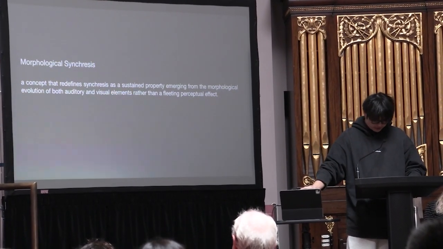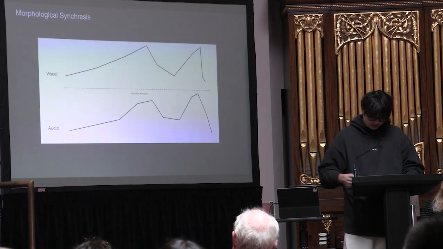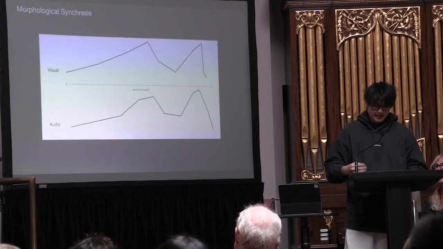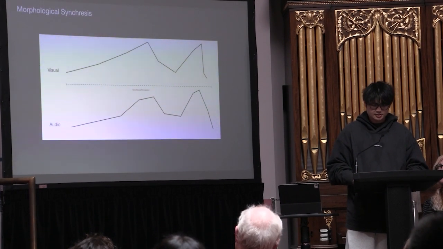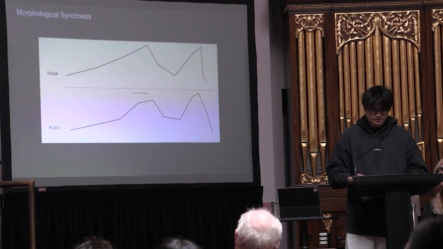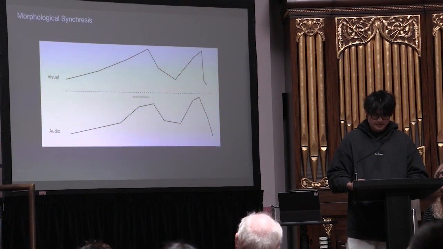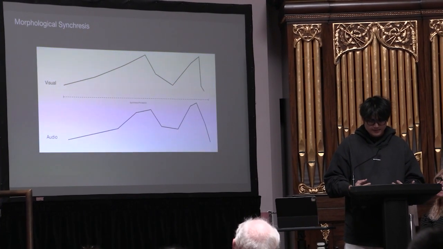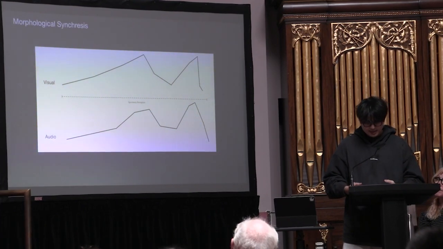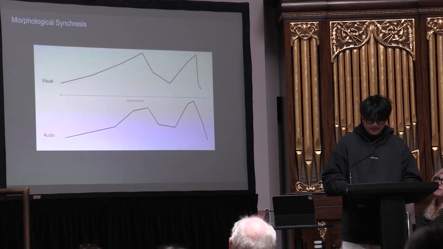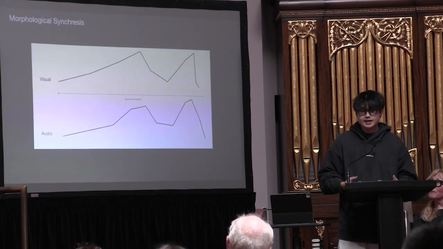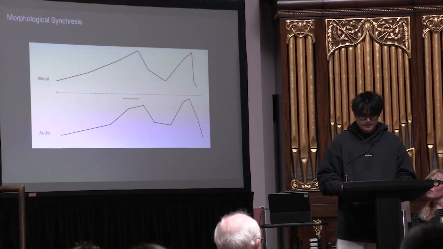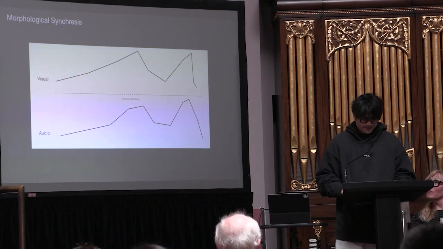There are three key features of morphological synchresis. The first is it embeds synchresis within the compositional process, ensuring that sound and visuals evolve together following shared motion-based structures. Second, instead of simple one-to-one parameter mapping, for example, pitch to color, it employs higher level motion patterns such as expansion, contraction, or cyclic motion to create a more expressive and structurally integrated audiovisual relationship.